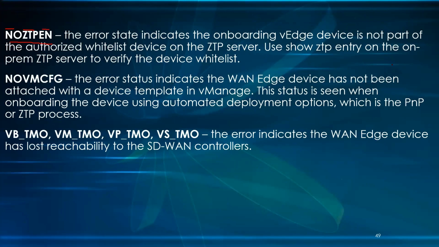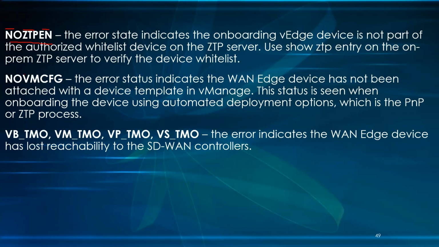Use show ztp entry on the on-prem ZTP server to verify the device is whitelisted. So if you have an on-prem ZTP and you get this error, it clearly indicates that your ZTP server does not have that device chassis number and all those things. So that's the reason your ZTP is not working, right?